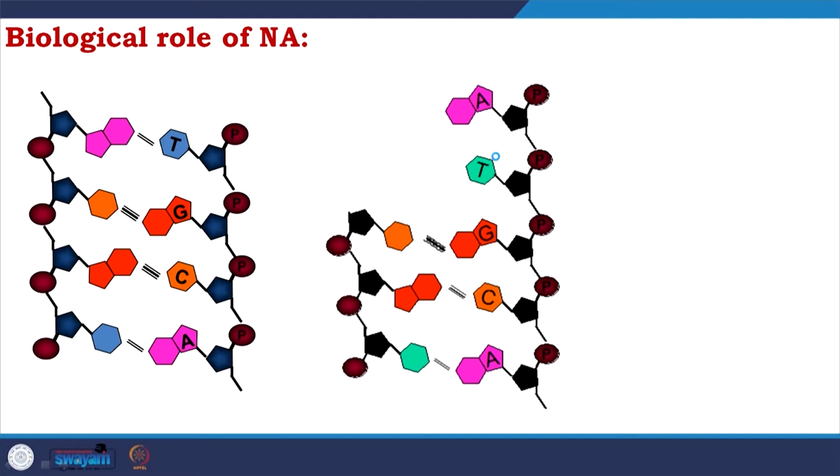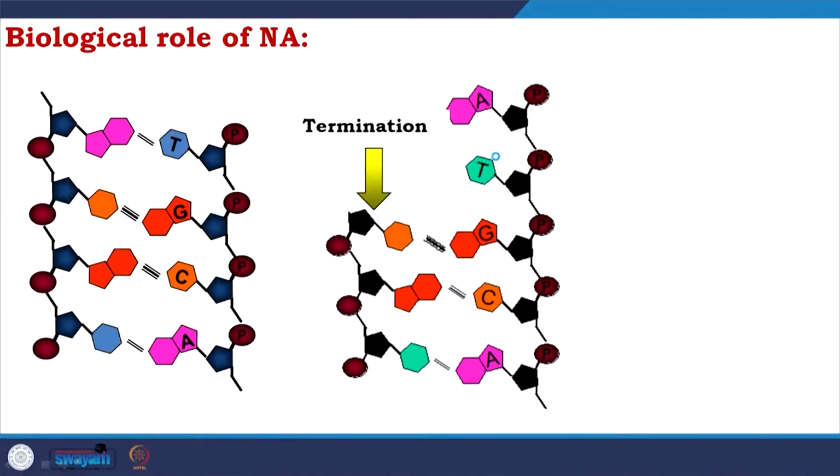If a dideoxy is somehow incorporated, it would never allow the DNA to extend further, which will lead to the termination of DNA synthesis. So, this DNA would stop its elongation in the process of polymerization.